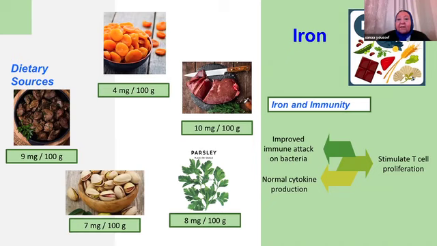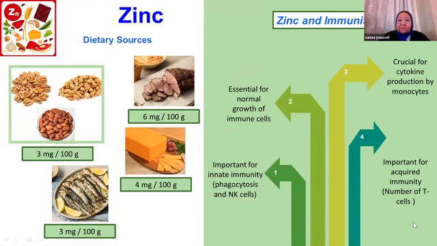It has 3 mechanisms to fight back the infection, and diet resources are very available. You have the dried apricots, again the liver, the parsley, and some types of nuts, especially the pistachio.